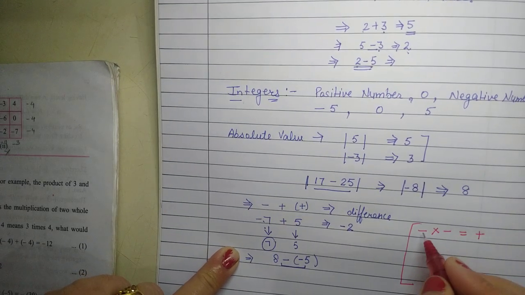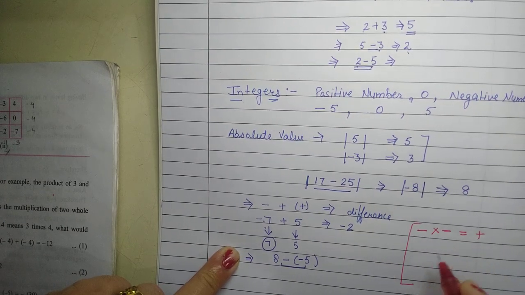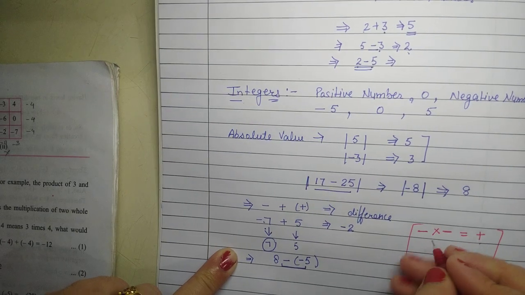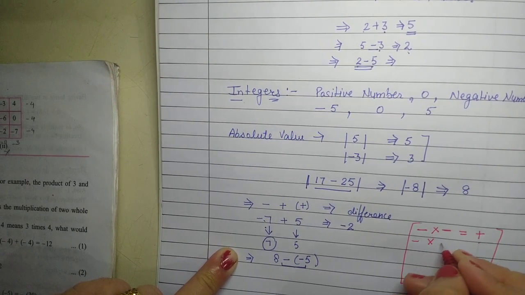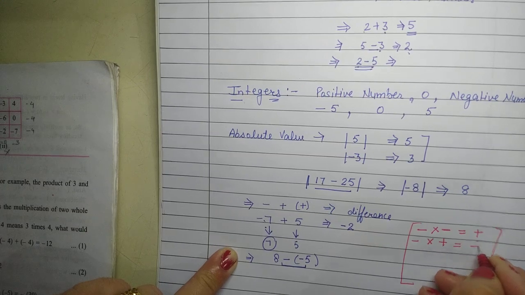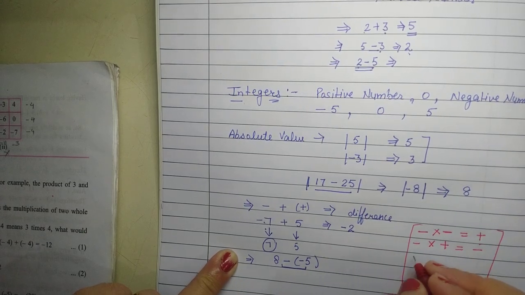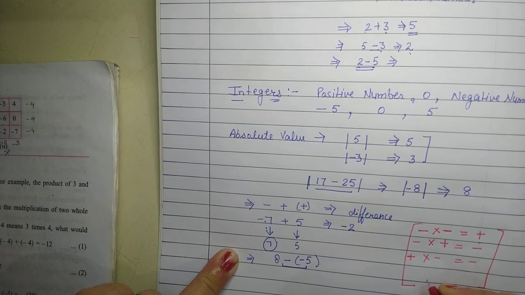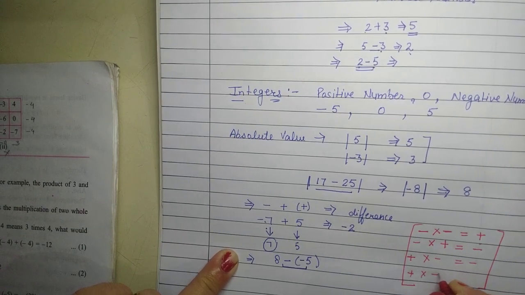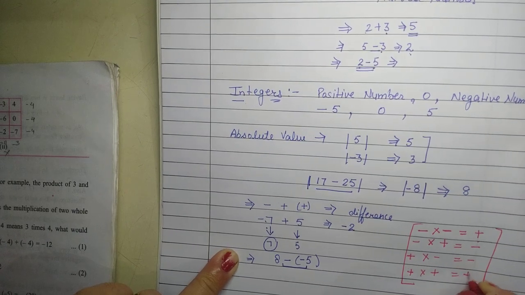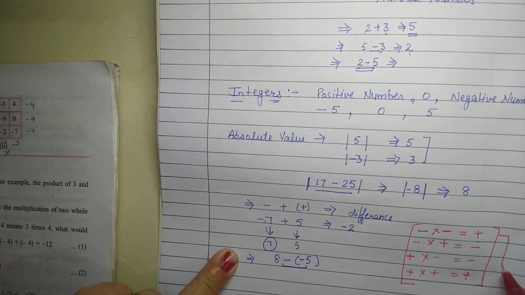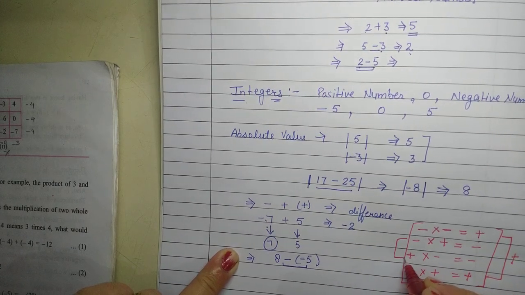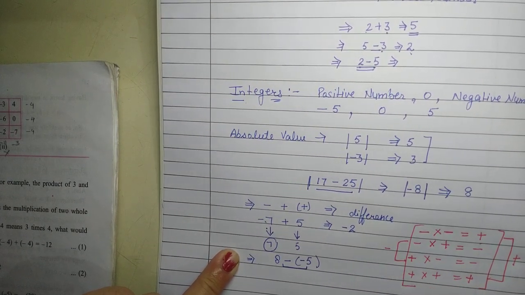That means if two same-sign numbers are multiplied, we always get a positive result. If we multiply two different-sign numbers, the result is always negative. If plus is multiplied with minus, then the answer is minus. And plus multiplied with plus, the answer is plus.